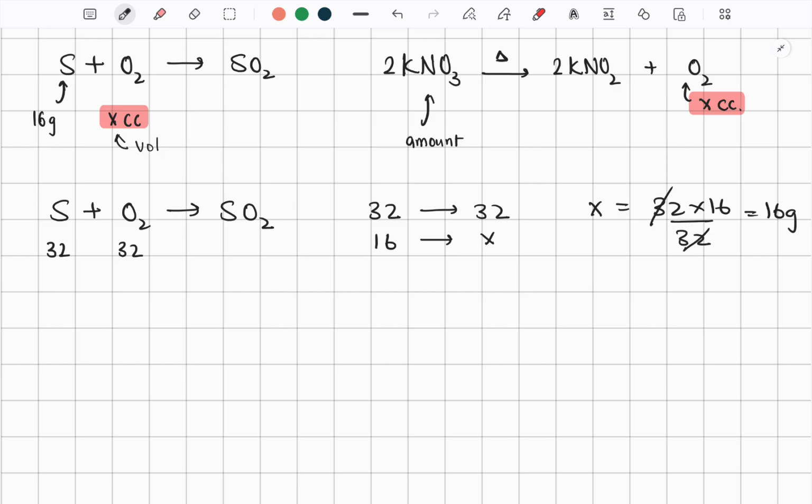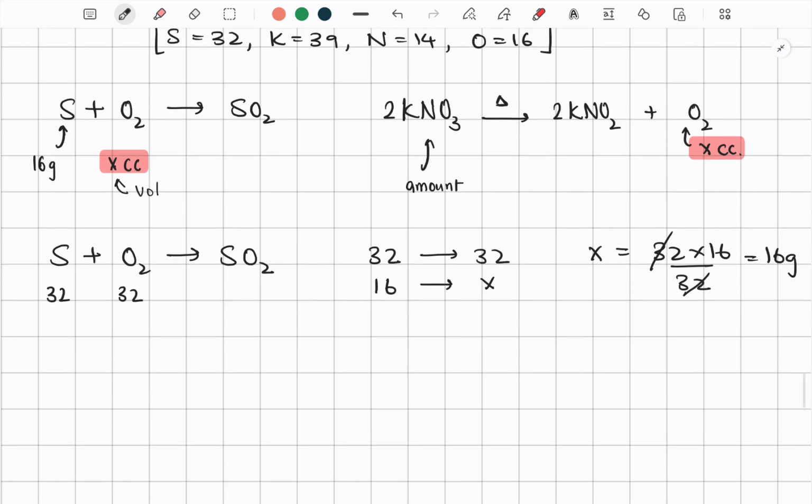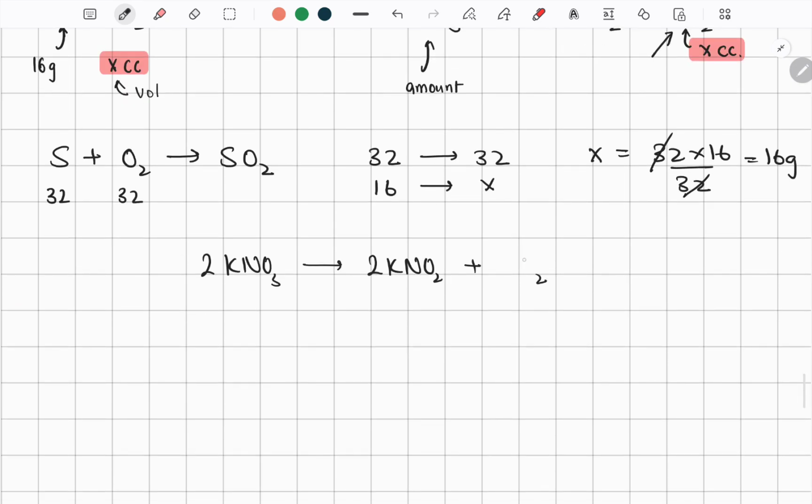Now for the second reaction, we require the 16 gram of oxygen as well. So if 2 KNO3 gives us 2 KNO2 plus O2, then 2 KNO3 gives us 32 gram of oxygen, since 16 into 2 is 32.